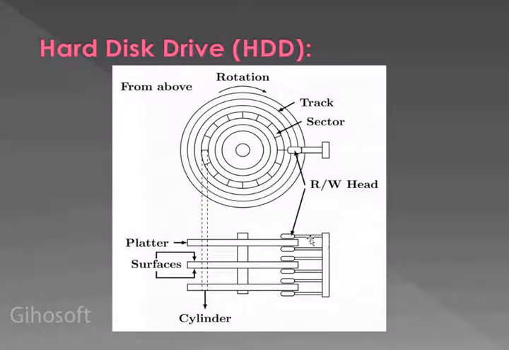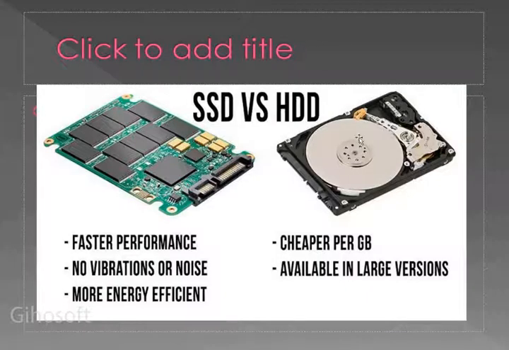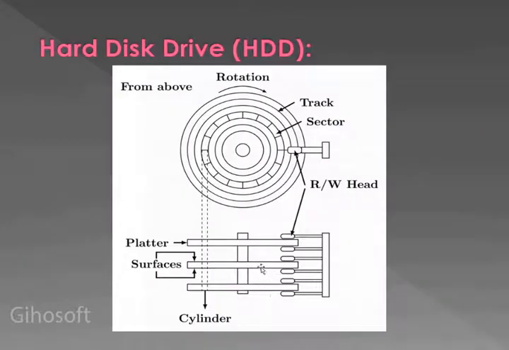Inside your hard disk drive, which looks something like this, there are multiple platters or disks which are stacked on top of each other, 3 or 4 disks, and on the side of those disks there are read-write heads, one on the top and one on the bottom of each disk, because these platters are double-sided.